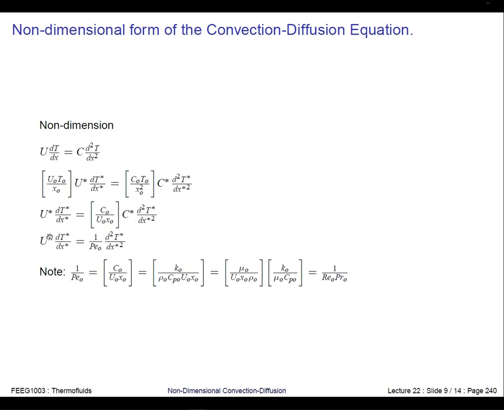Okay, and that also means that these variables here, so these c0 and u0 and x0, these all have dimensions. So u0 is in meters per second and x0 is in meters, and so on.